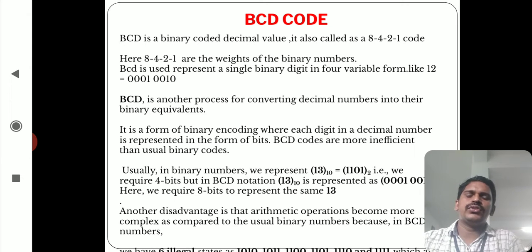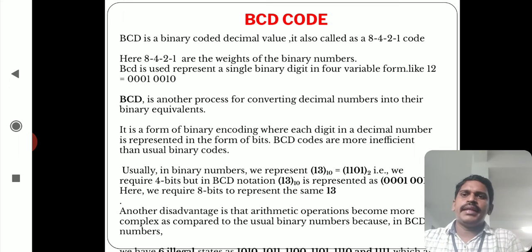Binary coded decimal is another name for decimal to binary conversion, where each digit is converted in the form of 4 bits.